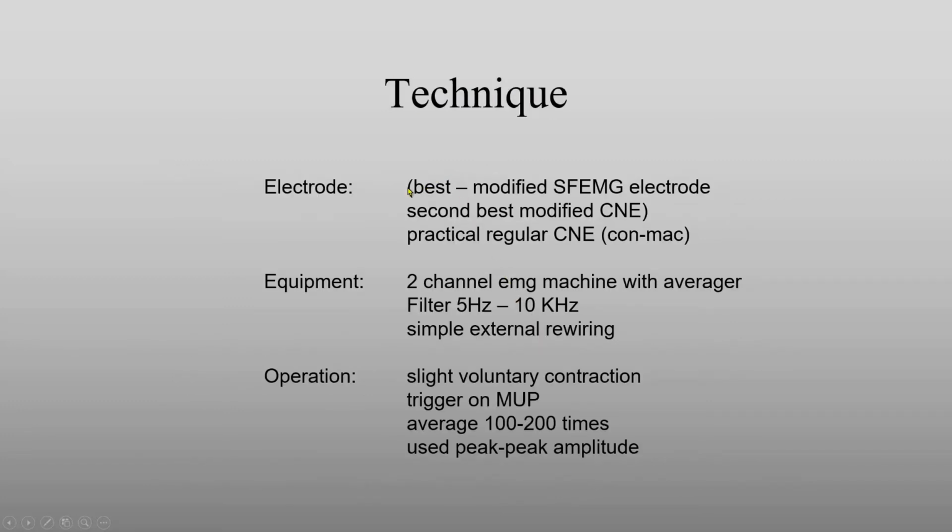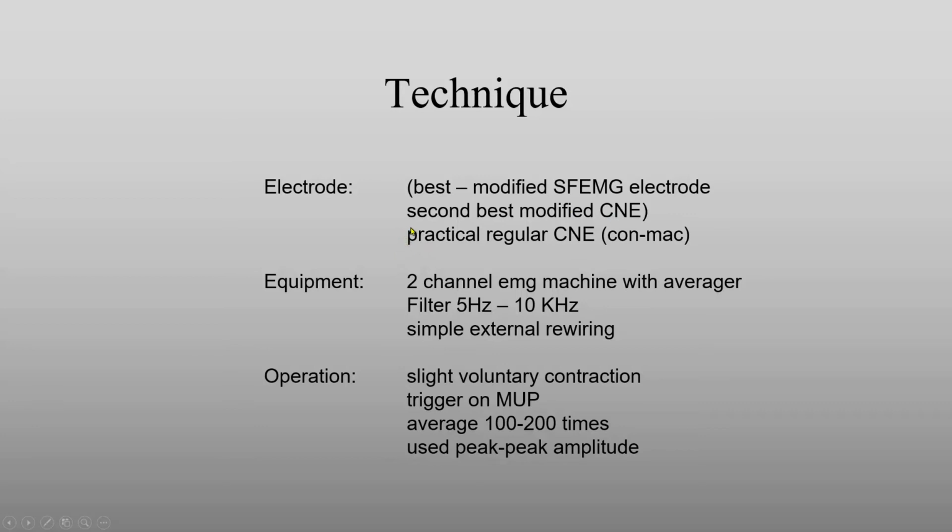And the technical aspects, the electrode: the very best is the modified single fiber electrode, but they are expensive, and we do not nowadays recommend this. The second best is a modified concentric electrode that is partially insulated, but they are at the moment not commercially available.